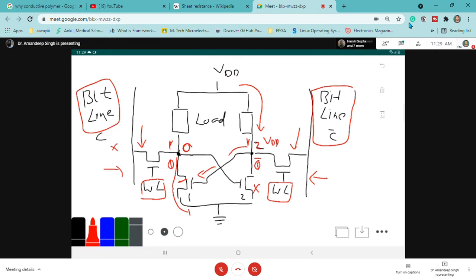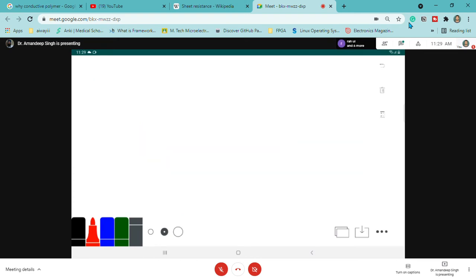So if it is storing the data, both the cross-coupled inverters are consuming very, very less power, okay, as compared to resistive load or depletion NMOS load. Clear? So let us draw the full CMOS SRAM and see how it is going to operate.